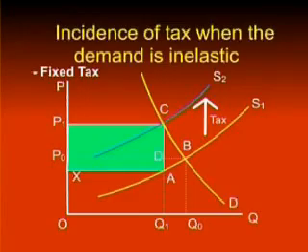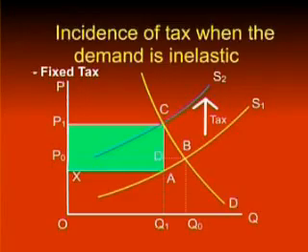Now note that of this total tax, P0P1CD is paid by the consumer, whereas P0DAX is paid by the producer. This is called the incidence of taxation. In this particular case, the government and the producers are not so badly hit.